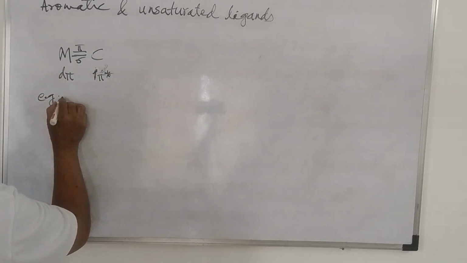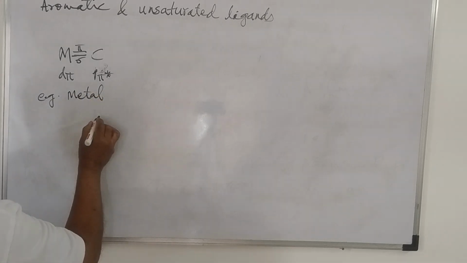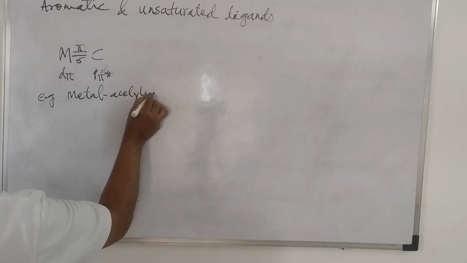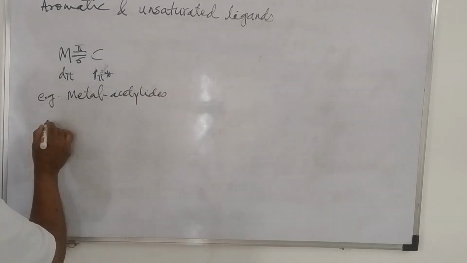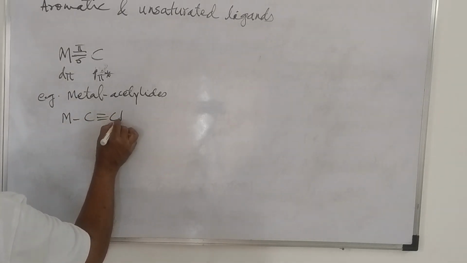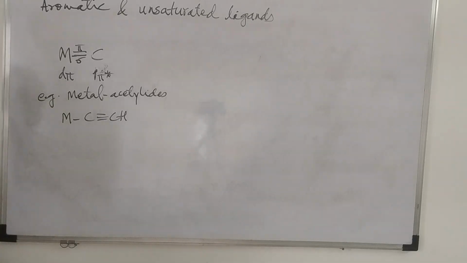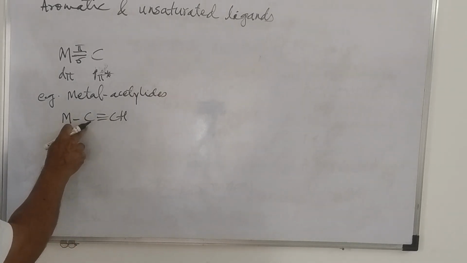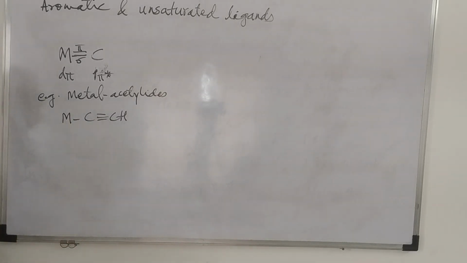For example, if we take the metal acetylides, this can be represented as metal C triple bond CH. This is metal acetylide, and because of this unsaturation, the metal carbon bond gets more stabilized than in the case of metal carbon bonds present in saturated ligands.